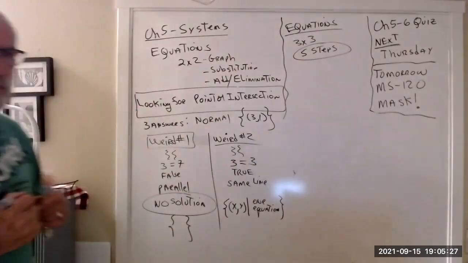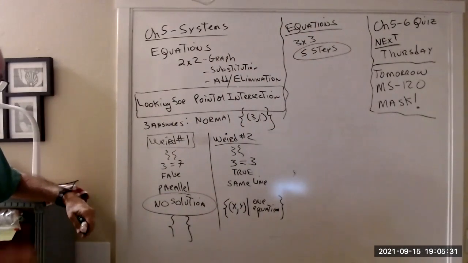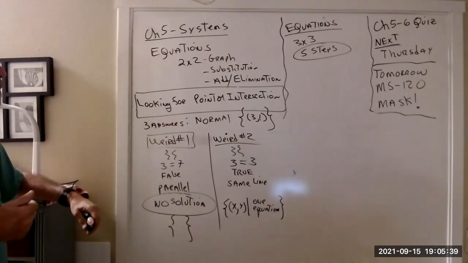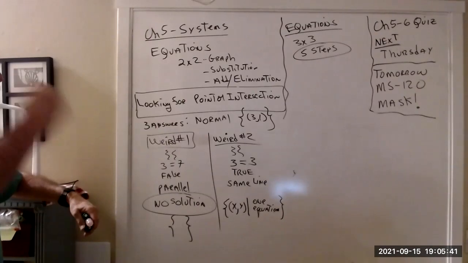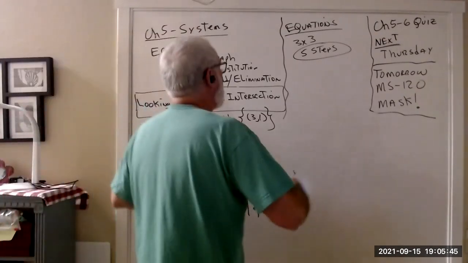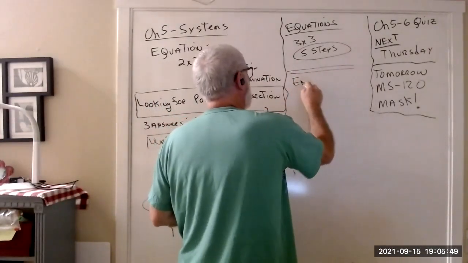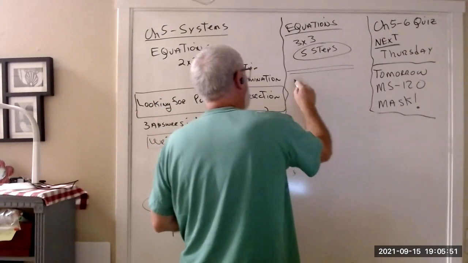If somebody wants more practice doing those, I can do them at the end of class tonight. I'm not going to do it now, but 3 by 3 equations. Then we had inequalities. Nuts.